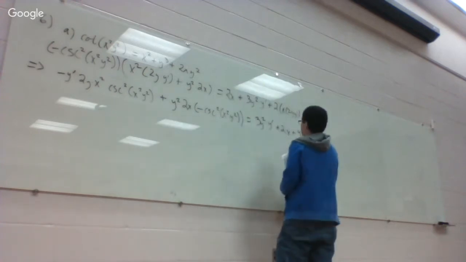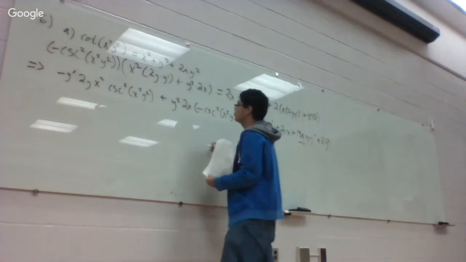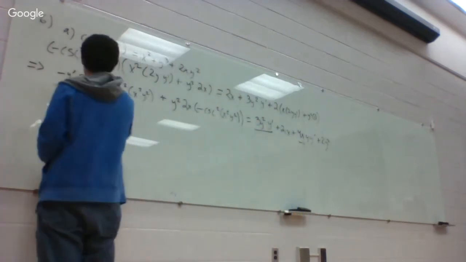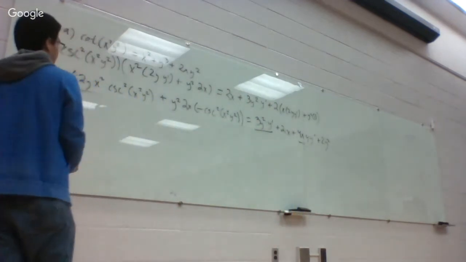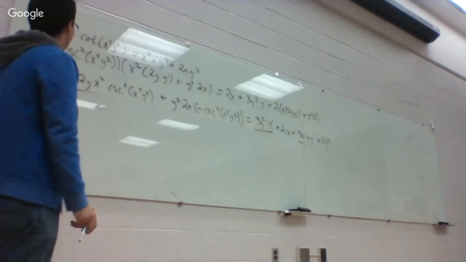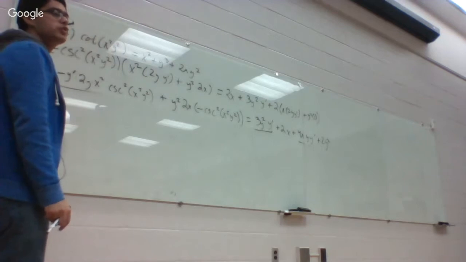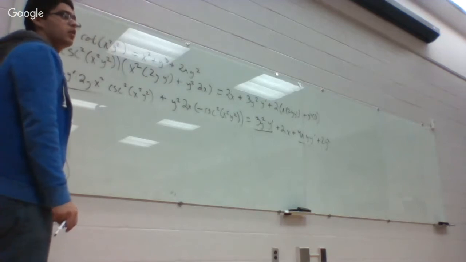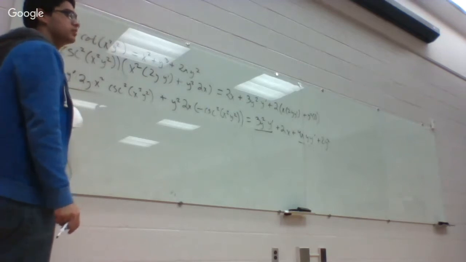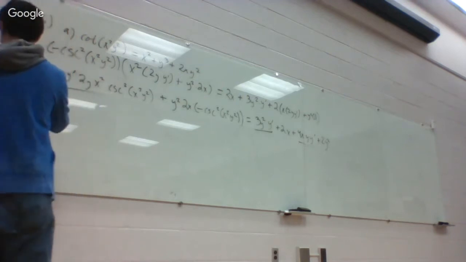The main idea is to isolate the y primes away from everything else so we can combine them and put them on one side. Most people lose points in this step because they try to do this in their head or they make mistakes like I made back then.